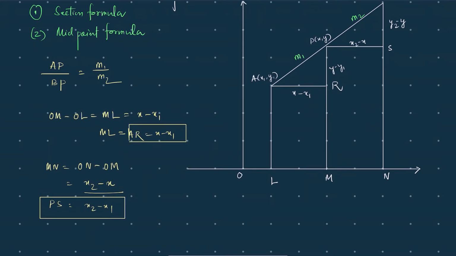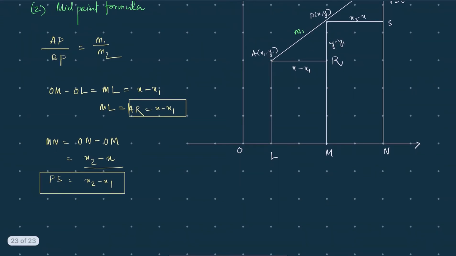Similarly we can find PR. The entire distance is the y distance, and this distance is the y1 distance. So we can find this distance, which will be y minus y1. PR is equal to PM minus AL.